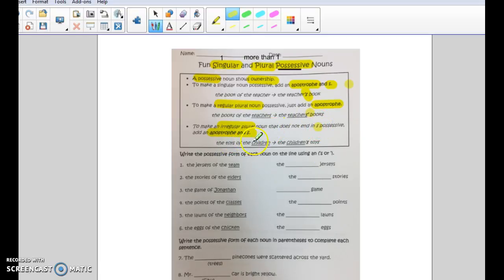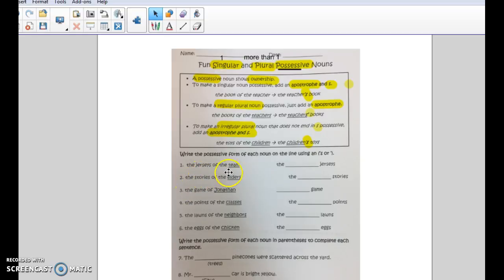So the toys of the children. Well, children is plural because it's not one children, it's three children. Okay? It is plural, but it's irregular because it does not end in an S. So to make it possessive, add apostrophe S. Again, you can take your finger and cover it up. You're still left with children, more than one.